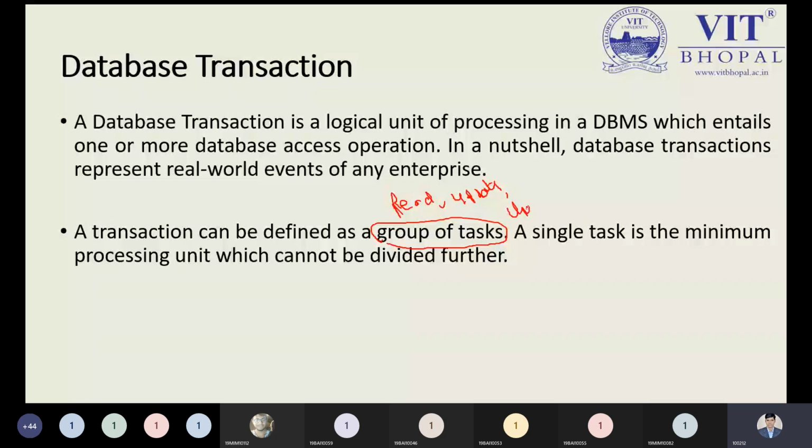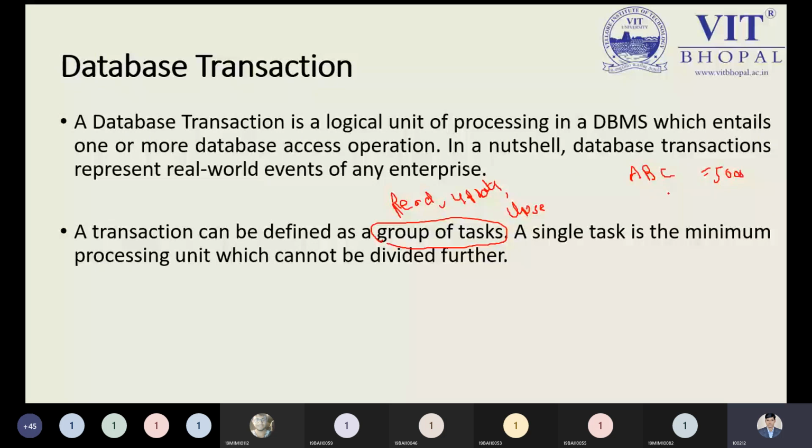Now, to understand this concept, let us take an example. If I have an account in my bank and I have opened my account, it means I am reading the account. So ABC is my account, and this account presently holds 5,000 rupees. So now I have opened my account, that is the ABC account, and it has 5,000 rupees.